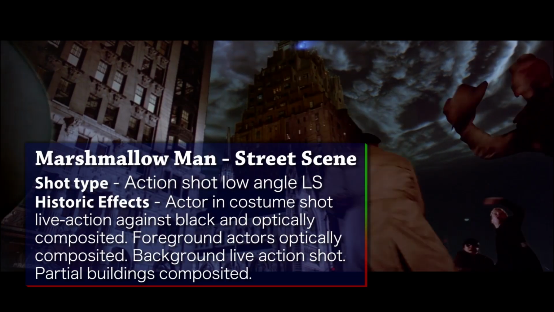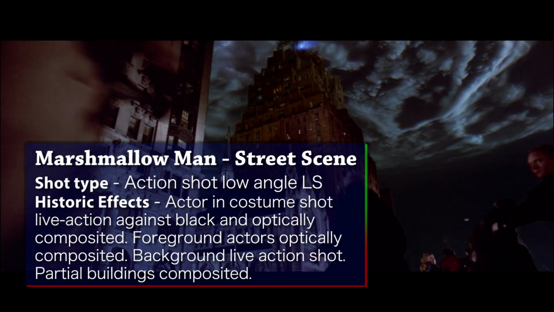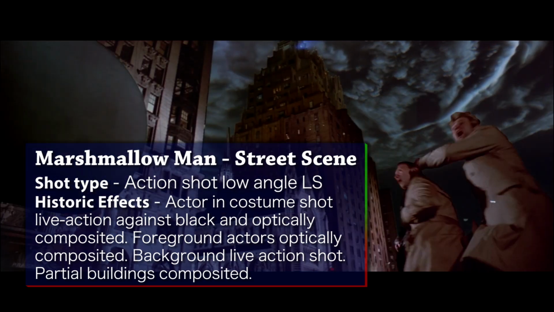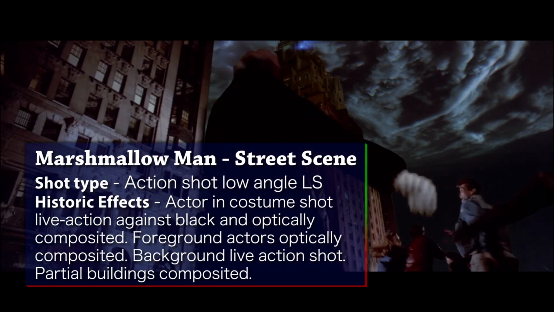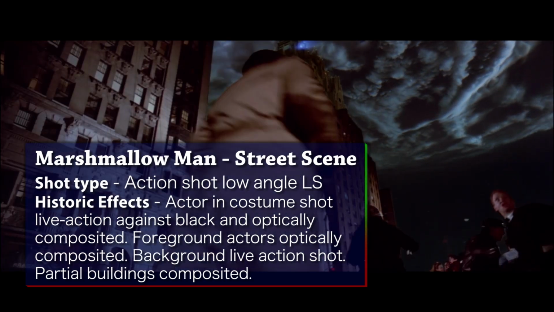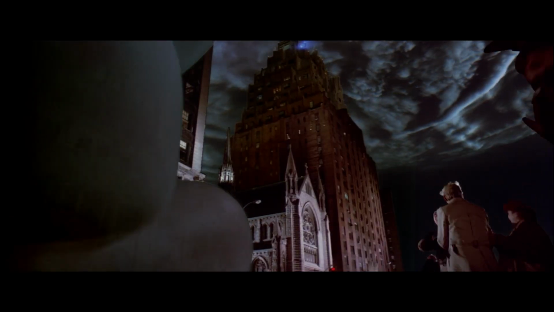Now we have this low angle street scene of Marshmallow Man's foot entering the frame. This is one of the shots that really did suffer because of time. We've got buildings that are shaking all over the place, and there are issues with Marshmallow Man's foot as well.